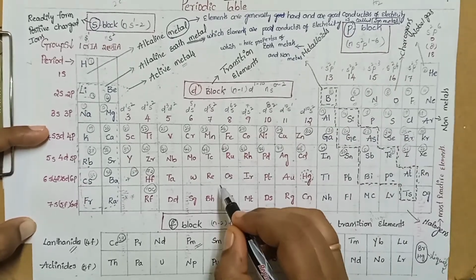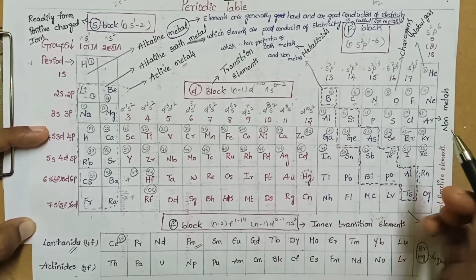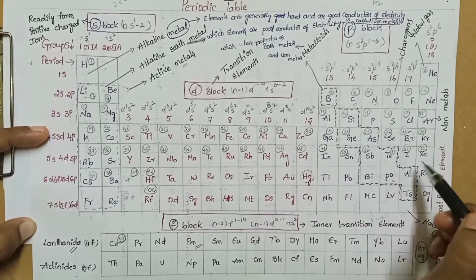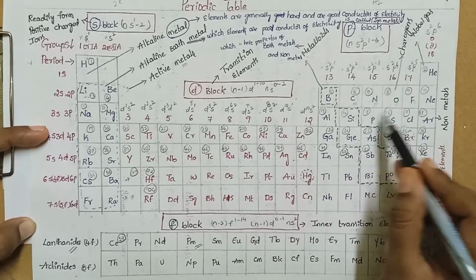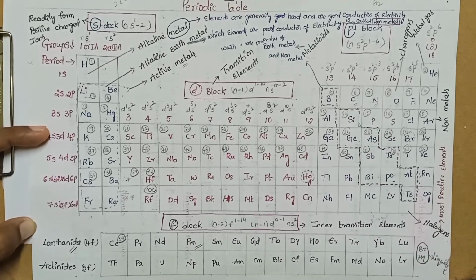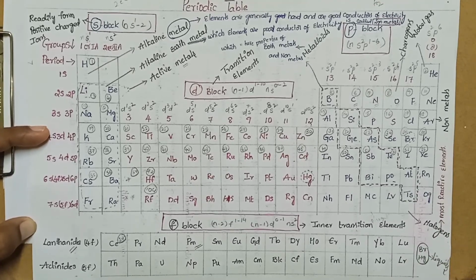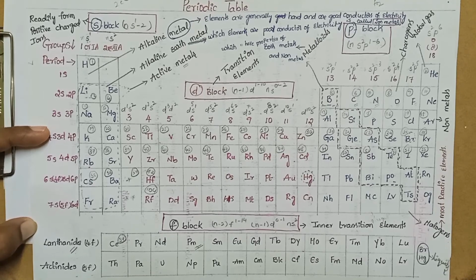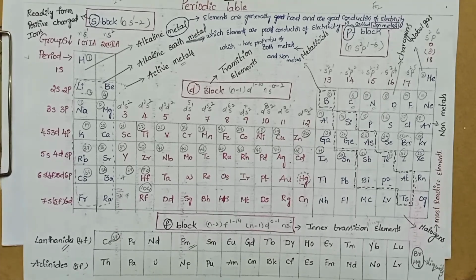To the left of the metalloids are metals, and to the right of the metalloids are the non-metals. Halogens are the most reactive elements. Did you understand the concept?